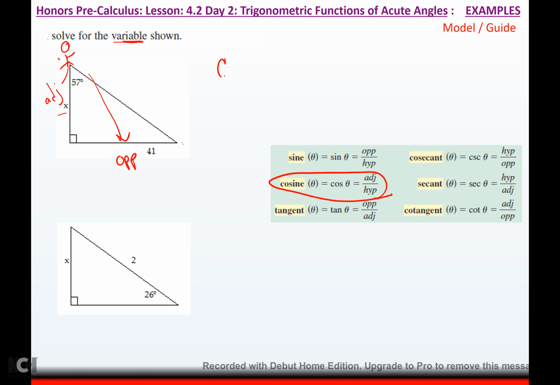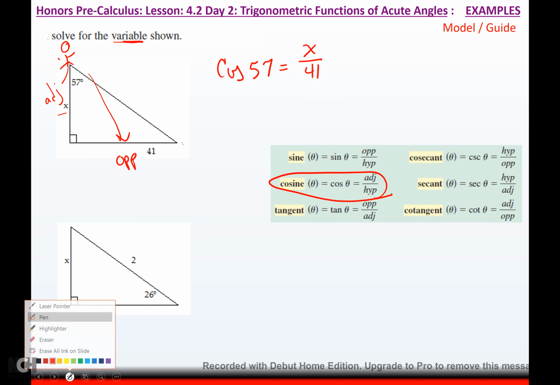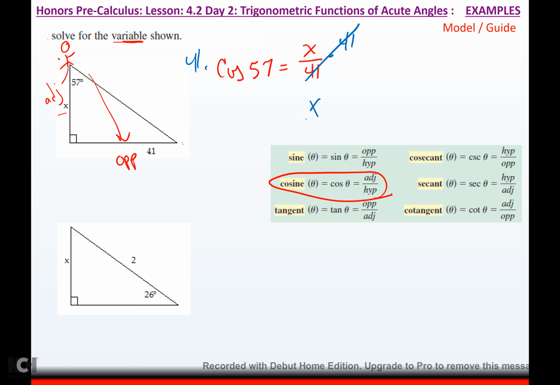So I would say that cosine of 57 degrees is equal to adjacent, x, over 41. So I set up my equation and then solve for x. To get x alone, I'm going to multiply by 41 on both sides. That cancels it, and x equals, and you're going to type it in.